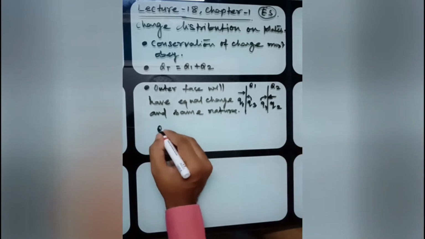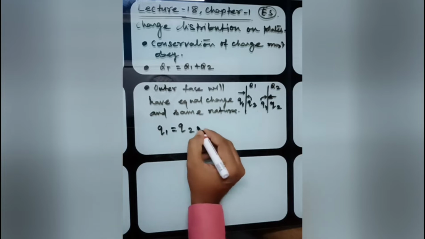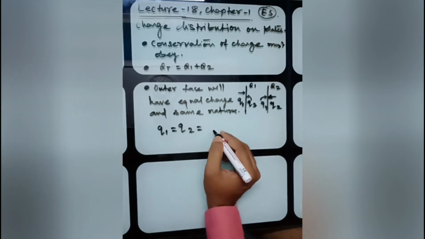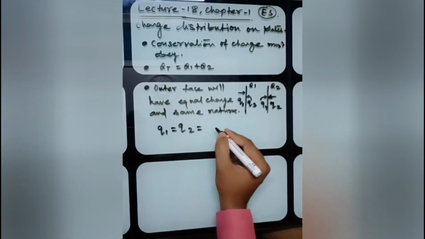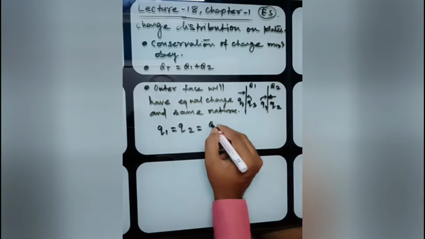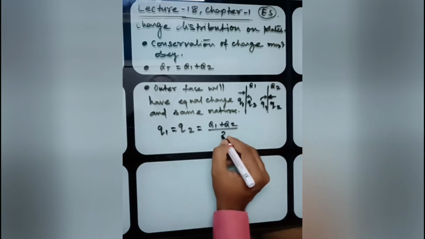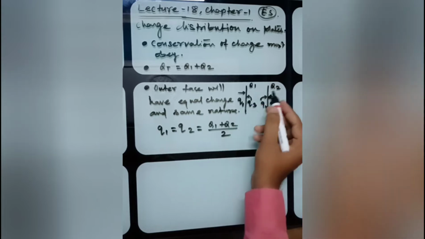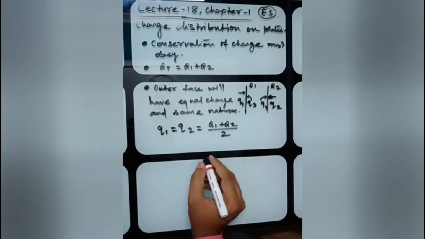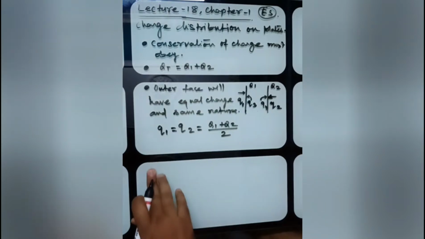So the Q1 will be equal to Q2. Remember, in magnitude and nature both. And how much is it? It is the average charge. So the average charge will be Q1 plus Q2 by 2, since we are having only 2 charges. So finally the plate looks like this one.